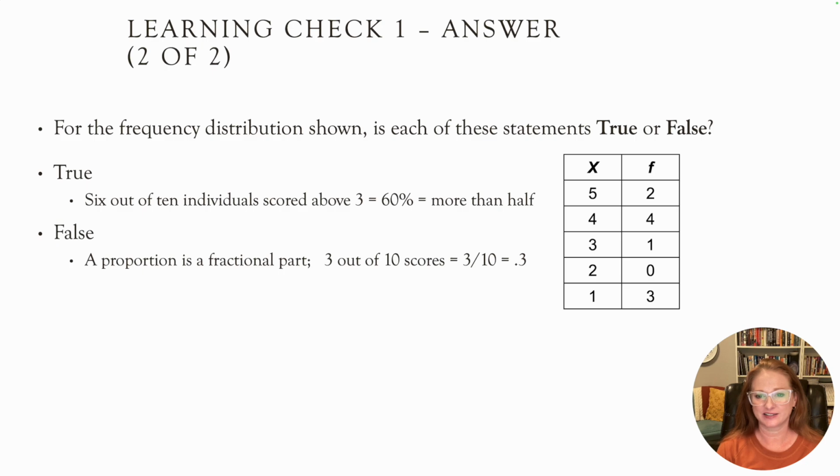So that's 6. 6 is 60%. Okay. Now the next one's a little bit tricky. It's not 3, but proportions are always reported in decimals. Percentages are always given with a percentage sign afterward, but proportions are always delivered in decimals. So it's 0.3.